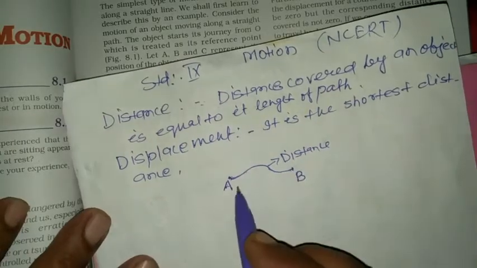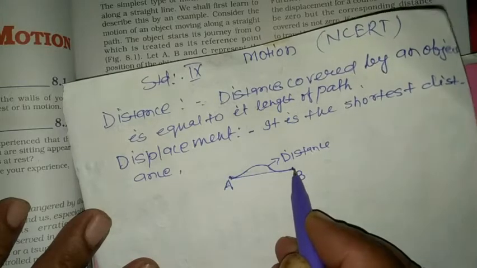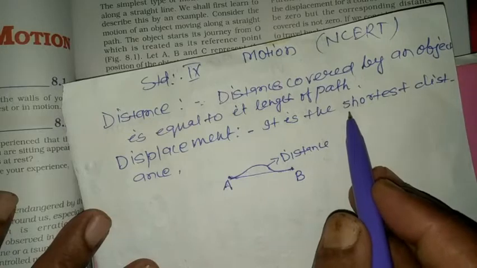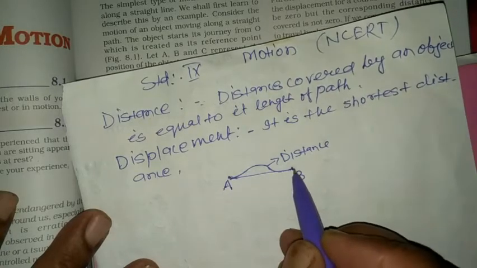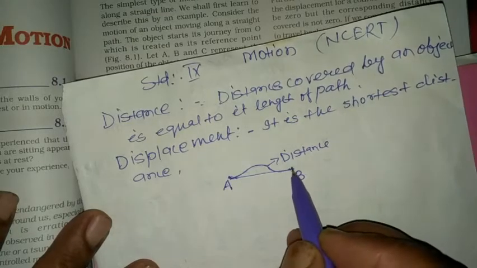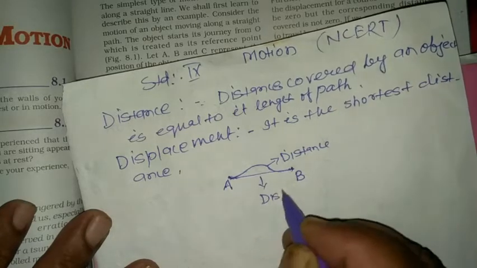Now see, displacement will always be in a straight line, or it is the shortest distance. The length of this path is greater than the length of this path. Naturally, this is called displacement.